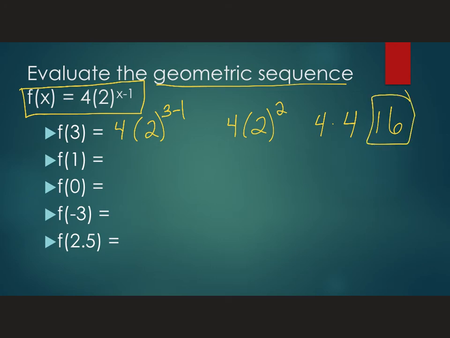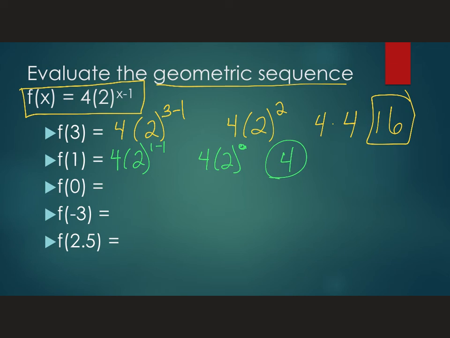So what is it if it's 1? We have 4 times 2 to the 1 minus 1. Well, 1 minus 1 is 0. 4 times 2 to the 0 power. Remember our exponent rules, anything to the 0 power is just 1, so that's just 4. That just means our first term is 4.